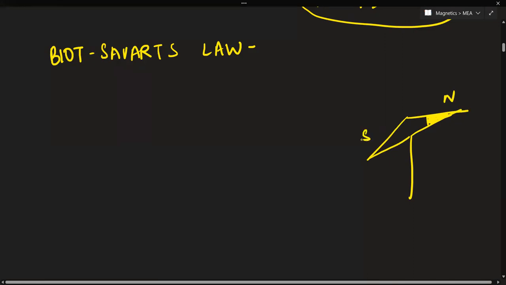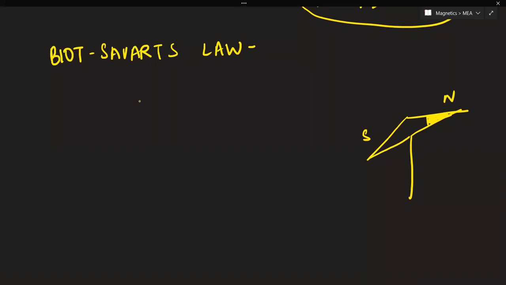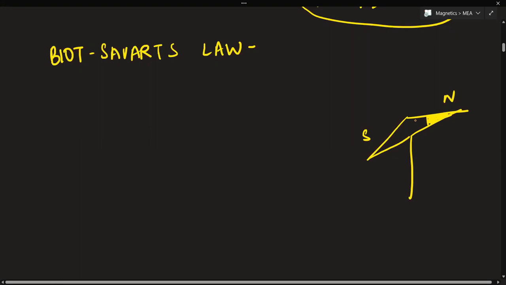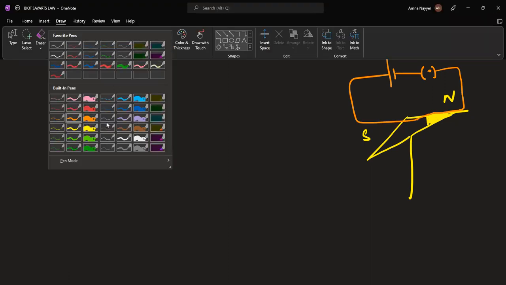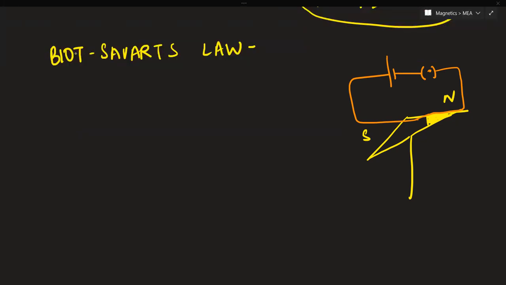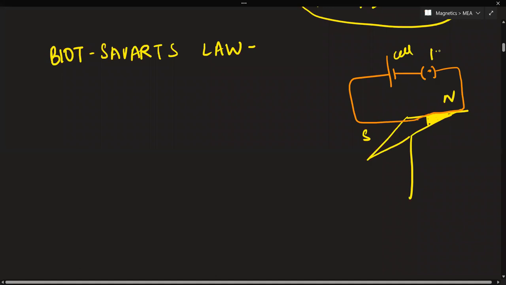The other end was the South Pole, and the whole circuit was also placed. So a magnetic needle, this SN, was pivoted over a stand, and a wire was parallel to the needle and connected to the cell, and this key was there.